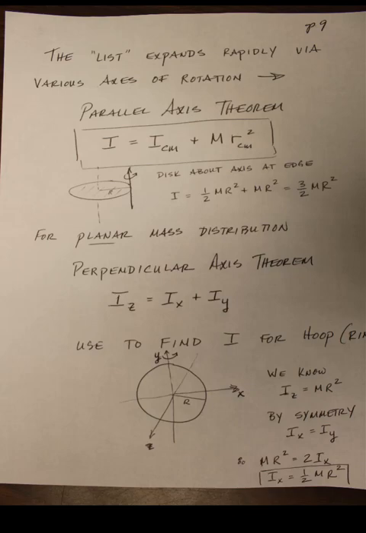And I show an example here of how to find the rotational inertia for a hoop about an axis that is in the plane of the hoop. So in the picture, it's an axis like y or x, and rotating the hoop about that axis instead of about the center, through the center of the plane.